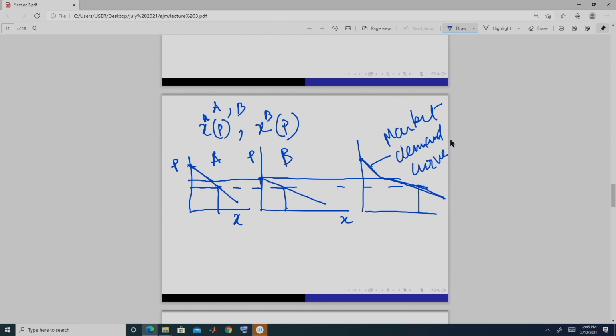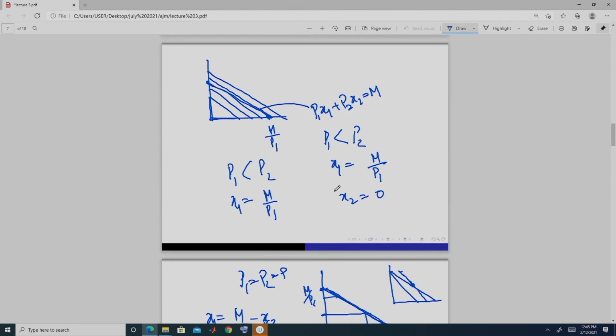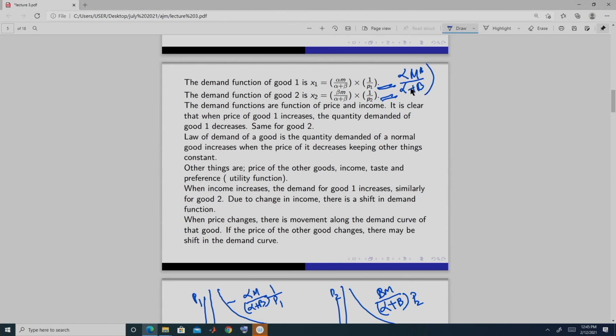Now in our example where we derived this demand curve, suppose for person A it is M_A alpha plus beta over P1, and for person B it is M_B alpha plus beta over P1.